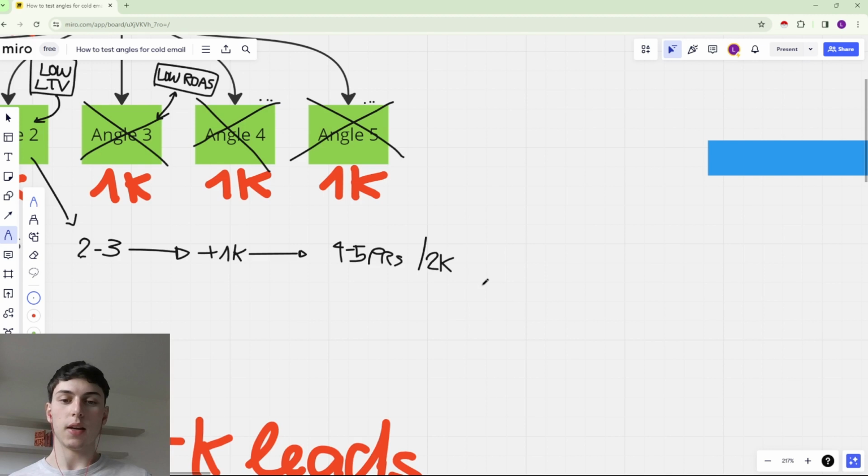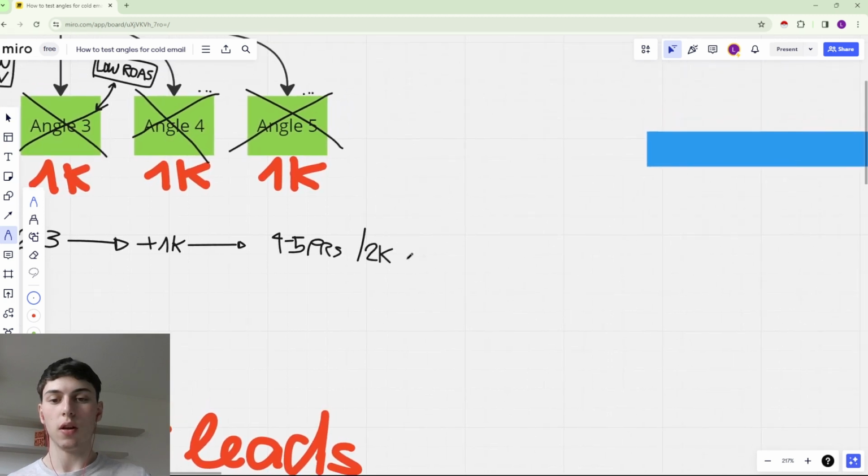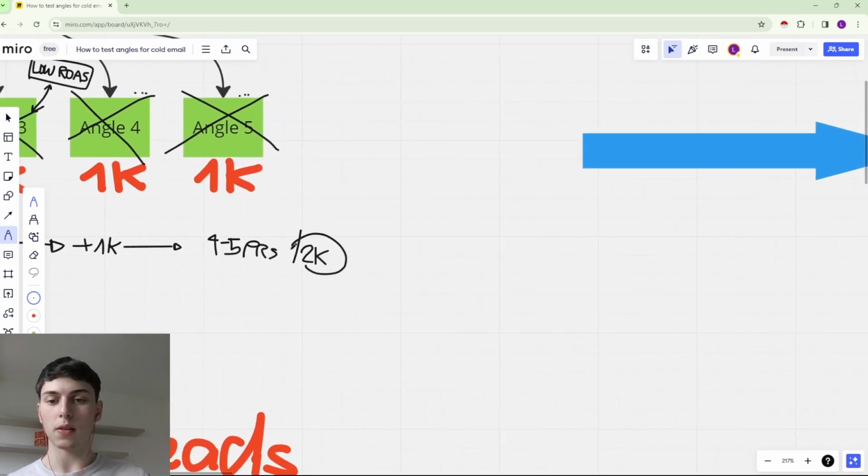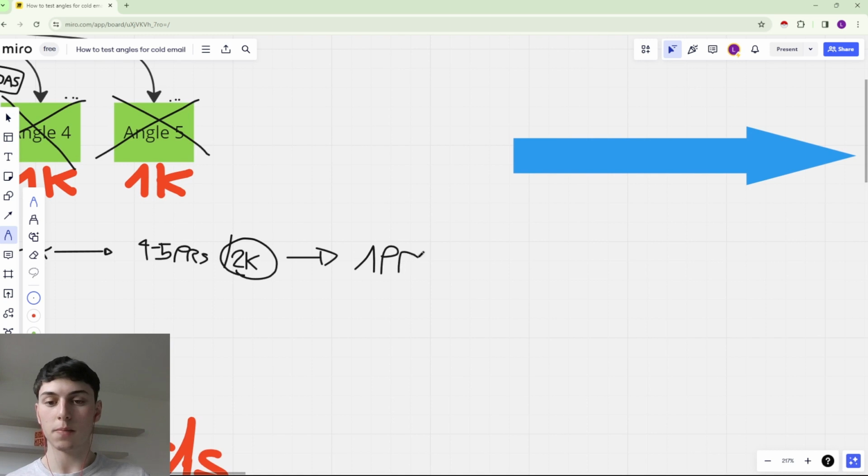If this is a satisfying rate to you, you can scale this angle. So by doing this, you know that if you send to 2,000 prospects, you're going to get 5 positive replies, let's say. So that means one positive reply out of 400 prospects contacted, right?